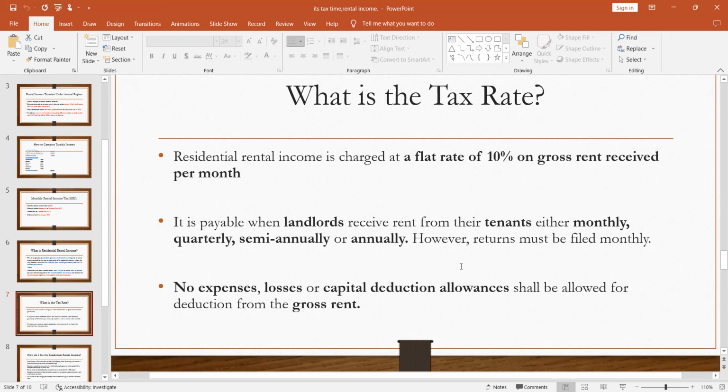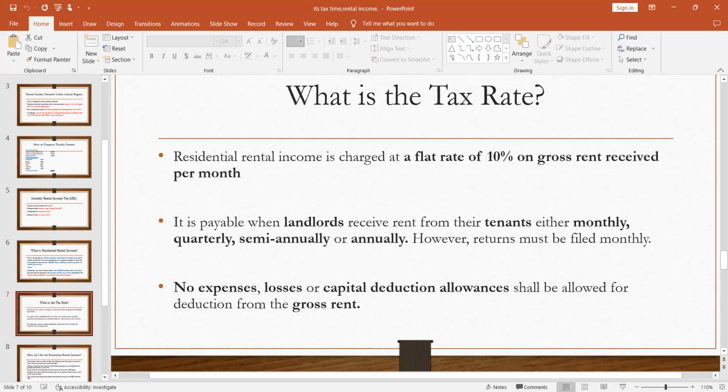Okay. So it is payable when the landlord receives rent from their tenants either monthly, quarterly, semi-annually, or annually. However, the return must be filed on a monthly basis. Meaning you file this rental income by month, but you can decide to pay it monthly, quarterly, semi-annually, or annually.